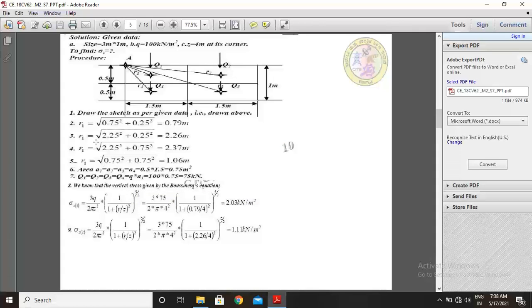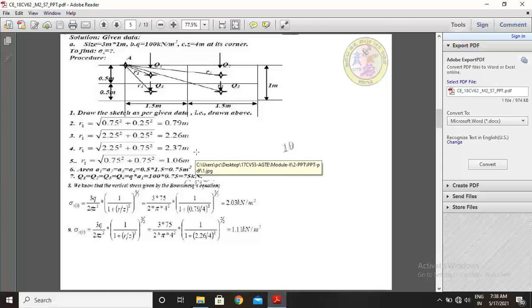Similarly, you calculate R2: root of 2.25 square plus 0.25 square. So the answer is 2.26 meters. Next, R3: root of 2.25 square plus this distance, that is 0.5 plus 0.25, so 0.75 square.